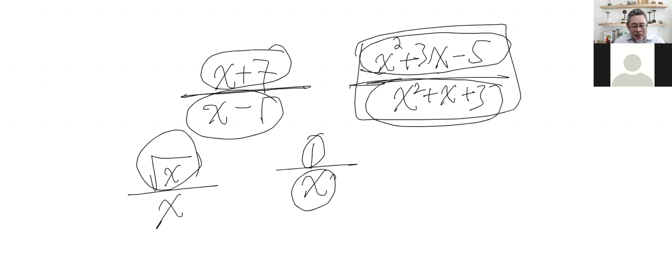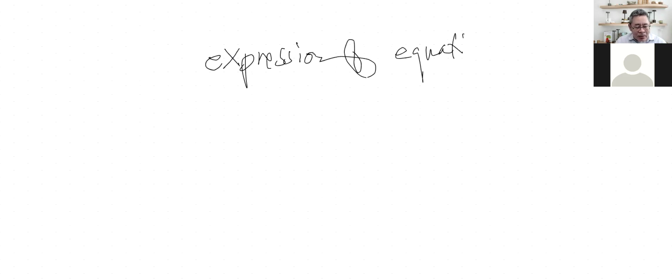Okay, so today we have rational expressions, and there are ways of dealing with rational expressions, but that's kind of beyond today's scope. Today we're going to focus on rational equations. So we know the difference between an expression and an equation. Expression, just like what we did here.